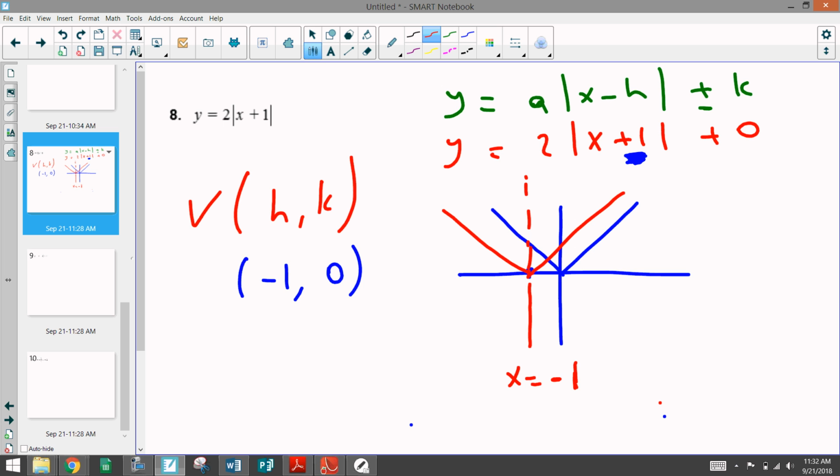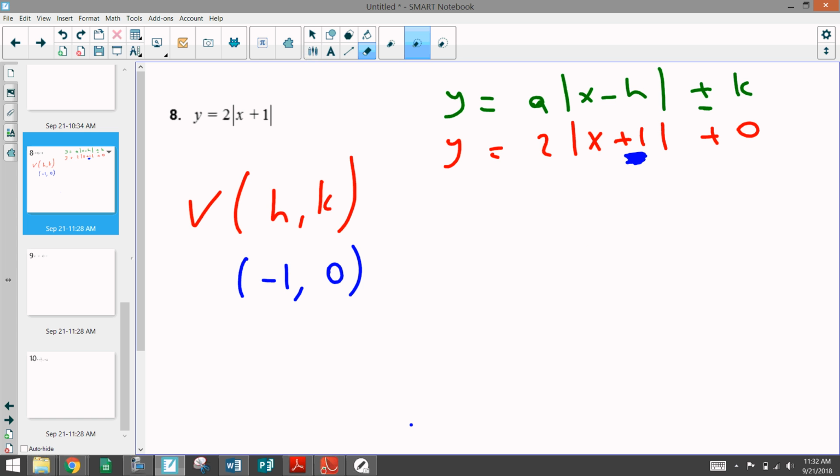And then, what is the next question? We got that the axis of symmetry is negative 1. Then we're going to tell what the transformations are. We don't need to graph. We're not supposed to graph, without graphing.